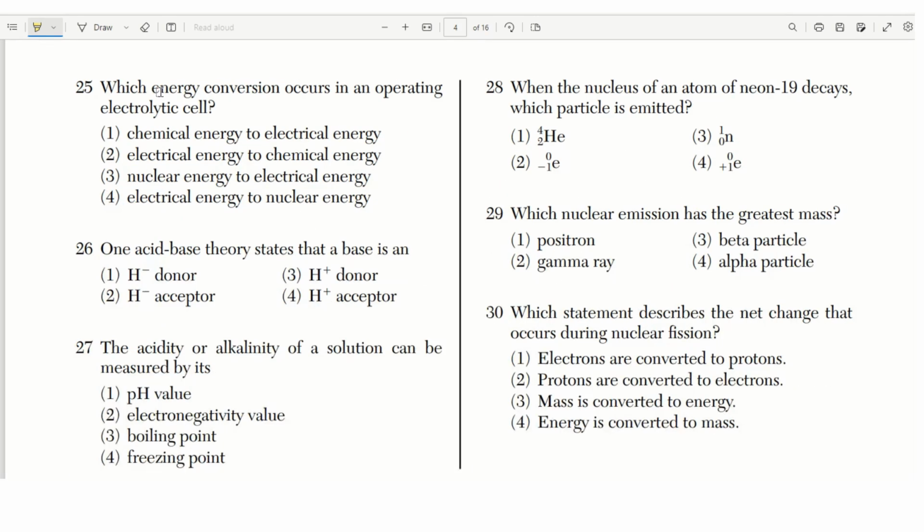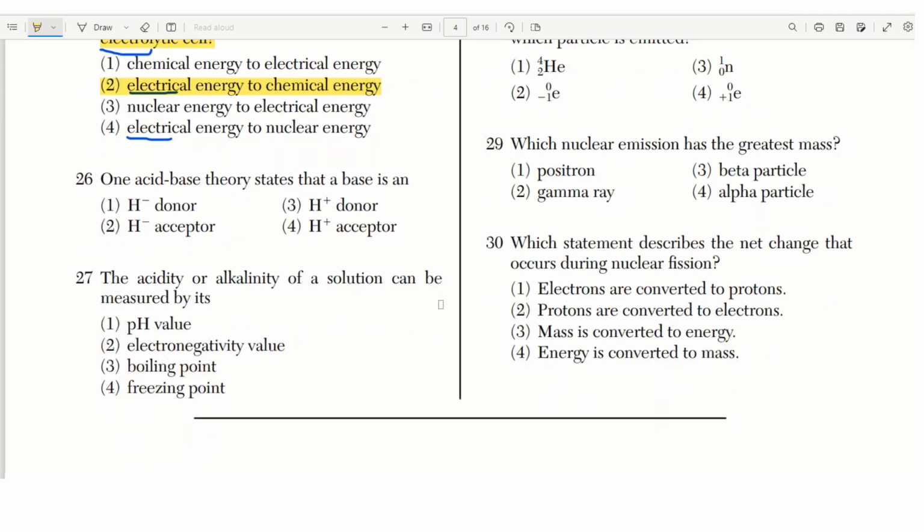Which energy conversion occurs in an operating electrolytic cell? What I like to say is electrolytic starts with electro, so it begins with electrical energy and converts it into stored chemical energy, not nuclear energy. The opposite type of cell, voltaic or galvanic, does the opposite, chemical to electrical. But for this one, we have this answer.